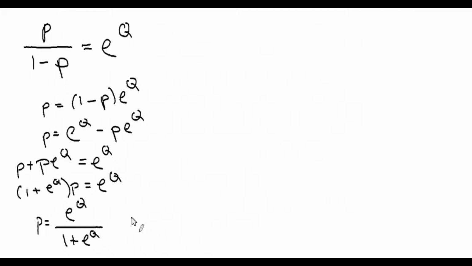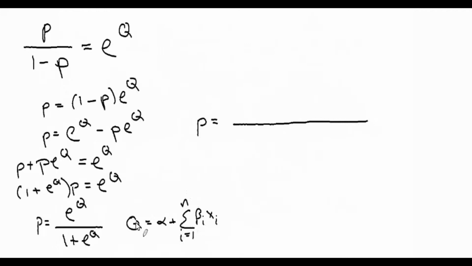But remembering that Q was defined just for convenience sake as alpha plus the sum from i equals 1 to n of beta sub i, x sub i, we can derive the final result over on the right-hand side, which is P is equal to, what we're going to do here is substitute Q in.